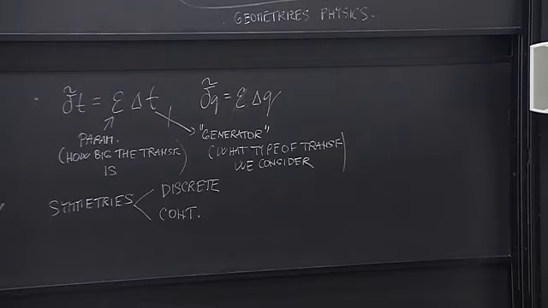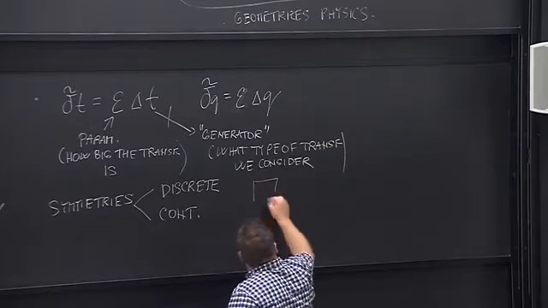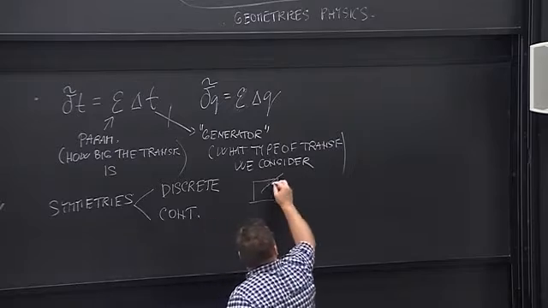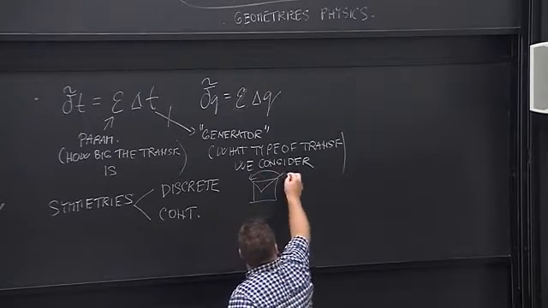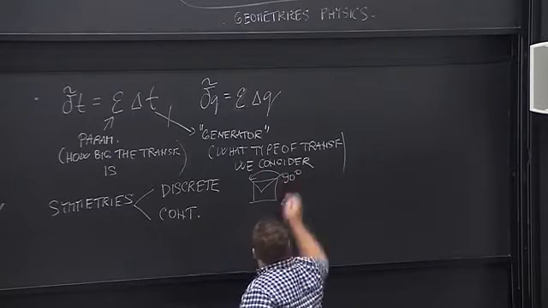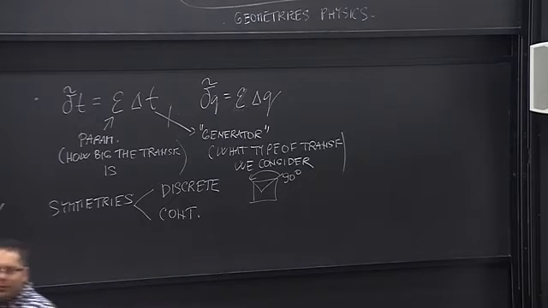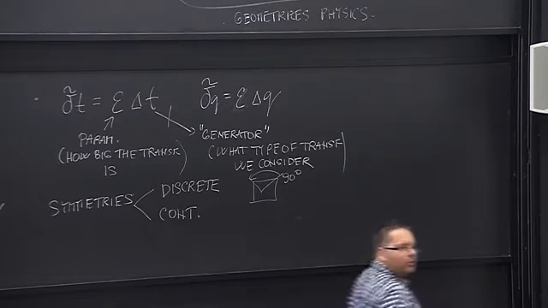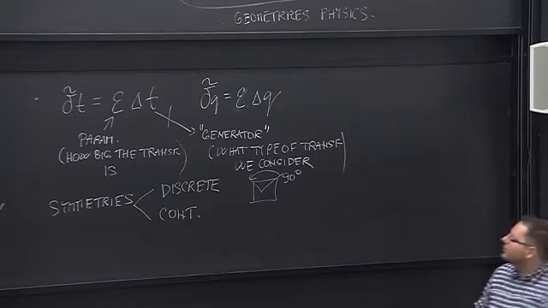The one which enters Noether's theorem is the continuous symmetries. By discrete, I mean I have, let's say, a square, and to get a symmetry, I have to rotate that square by 90 degrees. If I rotate by anything else, if I rotate by 1 degree, I don't get the same thing, right? So this has a discrete symmetry. I have to rotate by a precise angle and its multiples.